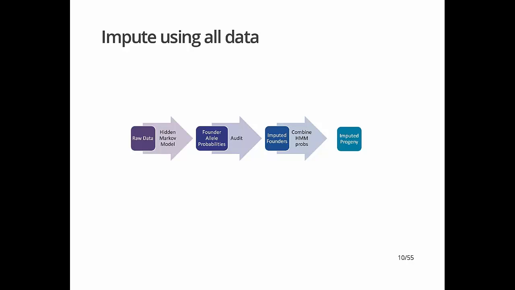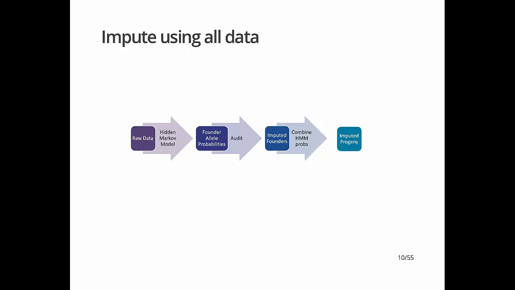So for example, if we had founders A, B, C, and D, and we have some missing data here, so 0, 1, 0, and so on. Some of the markers we have missing data, some of them we don't.